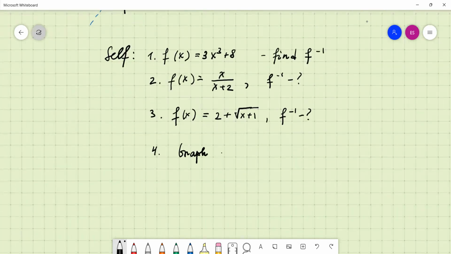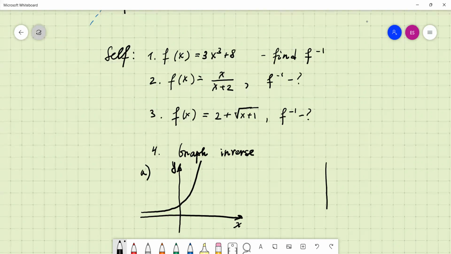I'm going to give you 2 graphs, and on each graph, I want you to graph the inverse function. That's my first graph. I want the inverse here. I'm going to label it A, and somewhere here is going to be my second graph.